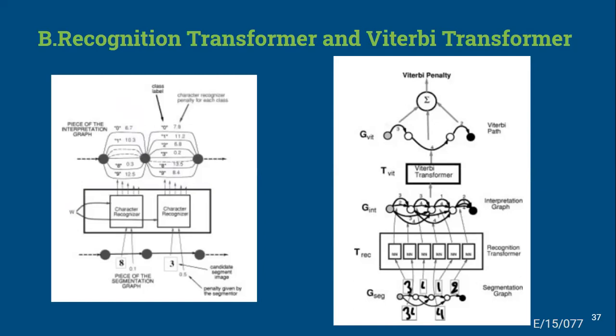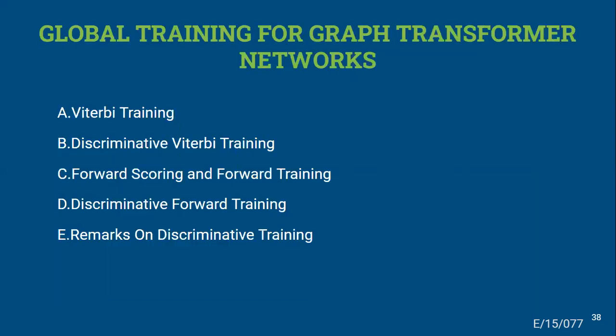And the Viterbi transformer produces a graph with a single path, at least penalty in the interpretation graph. So in previous cases, we talked about the process of recognizing a string using heuristic over-segmentation, and there we assumed that the recognizer is trained to give low penalties for the correct class label.